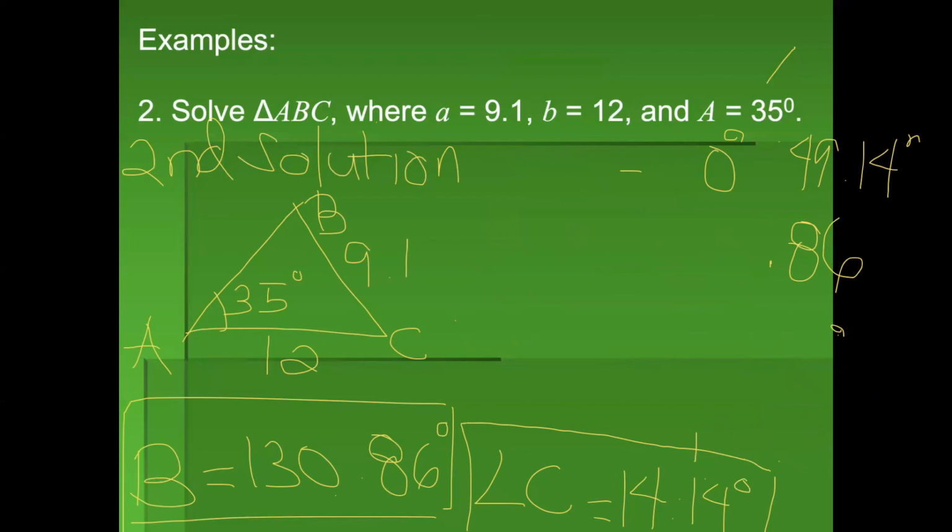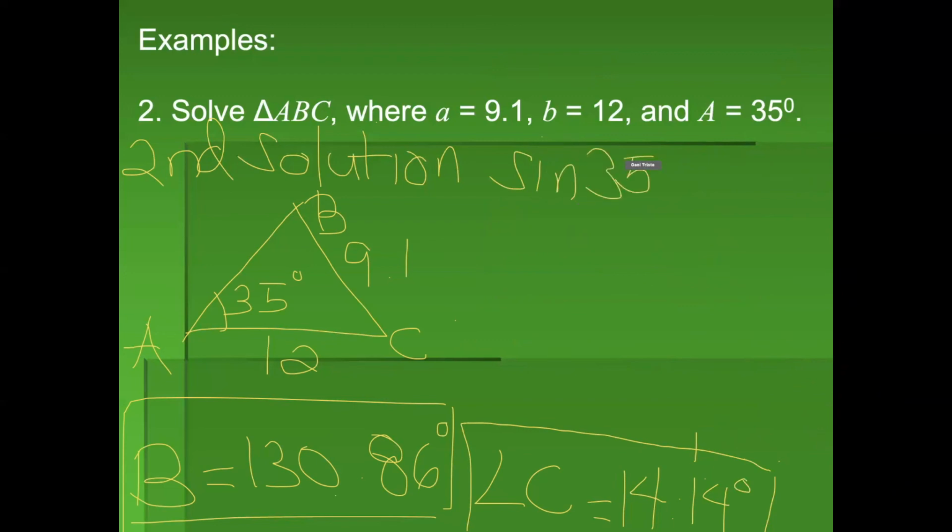It's still more convenient if we use the original value given, which is angle A and side A. And then let's solve for side C. So to do that, we have sine 35 over 9.1 equals sine 14.14 over side C.